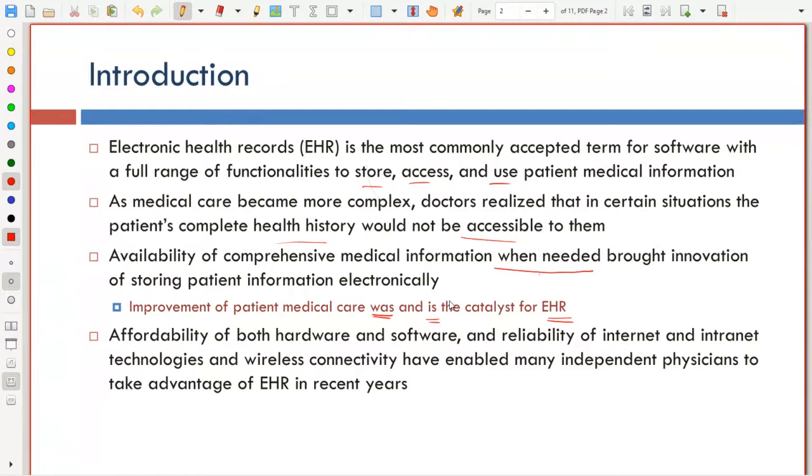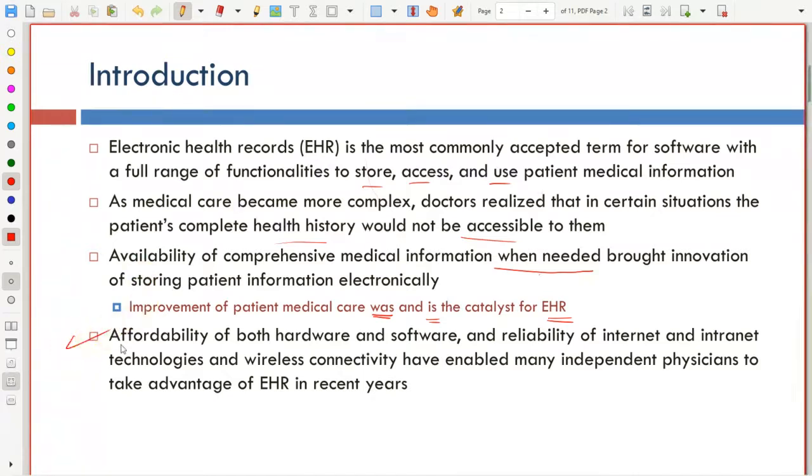The doctors would like to have the patient records anywhere so that whenever this patient has to go to a hospital somewhere, the patient record should be accessible to that hospital so that the best possible medical care is given to that patient. Okay, so whenever you know the complete history, your chances of making mistakes are much less. So the patient medical care is much better when you have the comprehensive medical information of each patient.